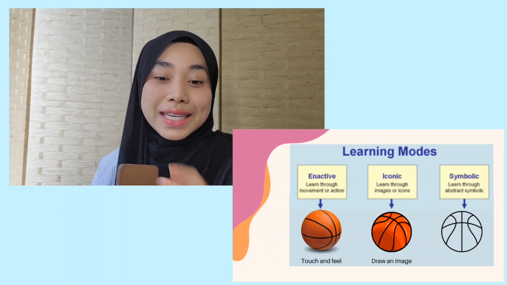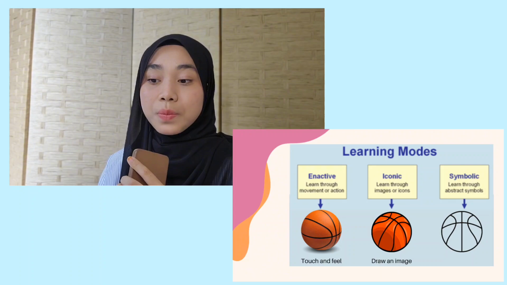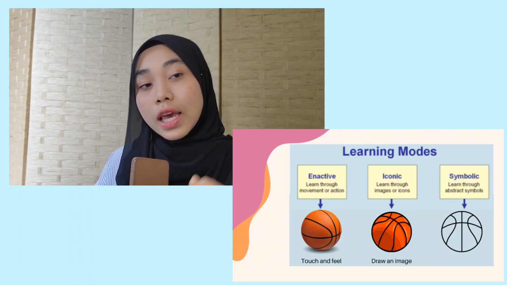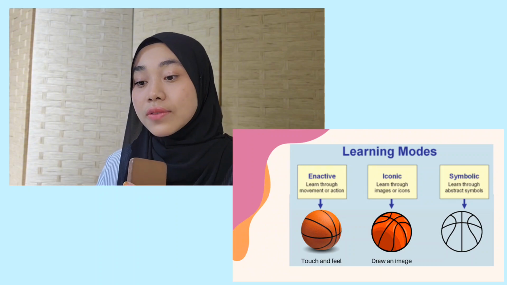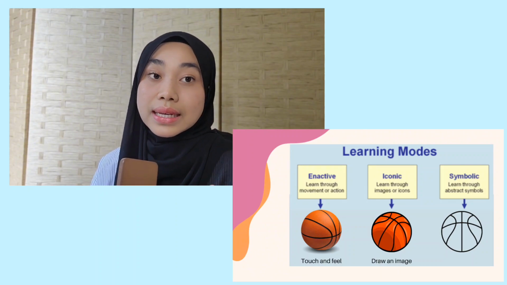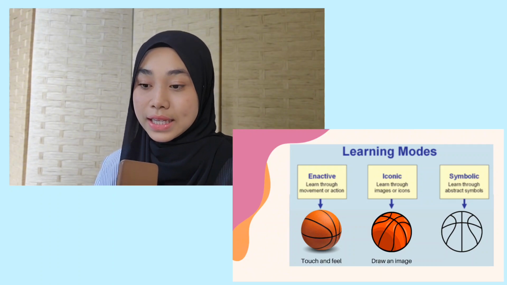The next mode is the symbolic mode. This mode is more flexible than the previous two modes and is the last to develop. In this mode, information is stored in the form of a code or a symbol, like a language. Symbols and codes can be stored, classified, and manipulated.